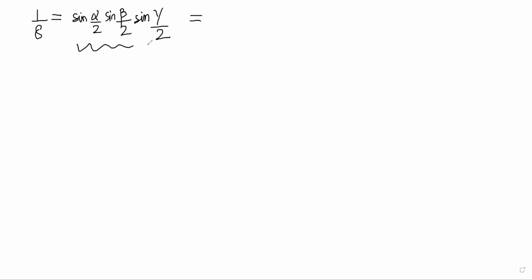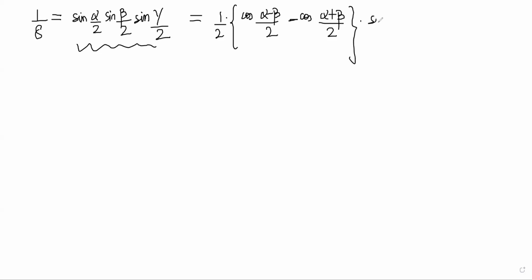So this side can be written as half of (cos of (alpha minus beta) by 2 minus cos of (alpha plus beta) by 2) times sine of gamma by 2. What have I done in this step? I have used the product to sum formula: 2 sine A sine B is cos of (A minus B) by 2 minus cos of (A plus B) by 2. I'm using that formula to write it like this.